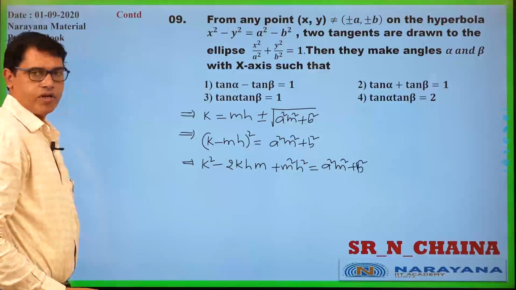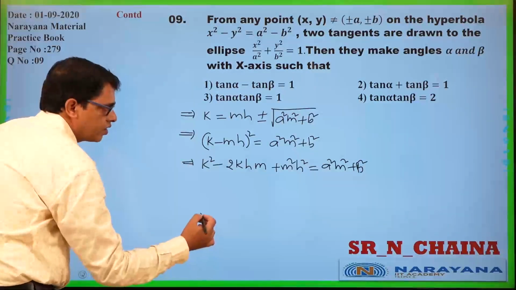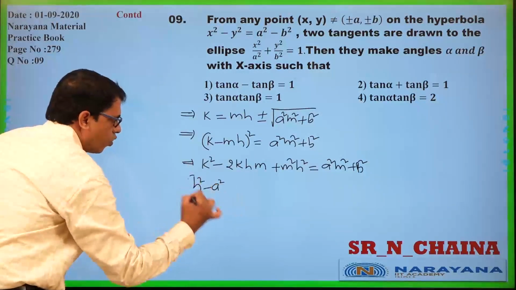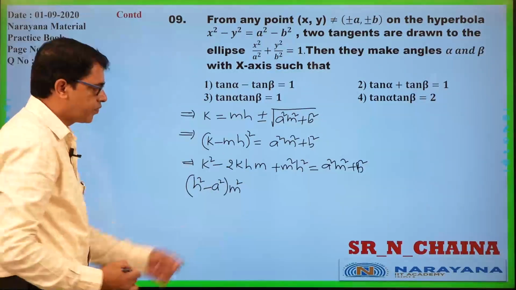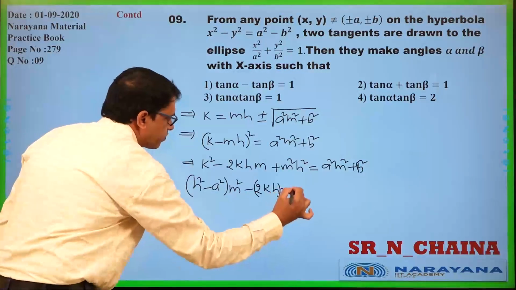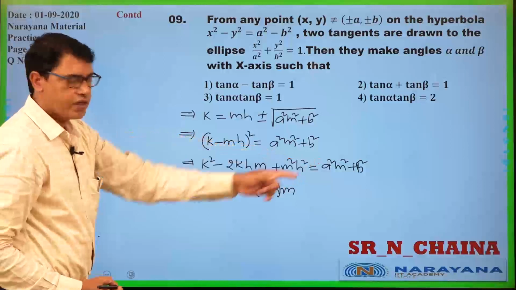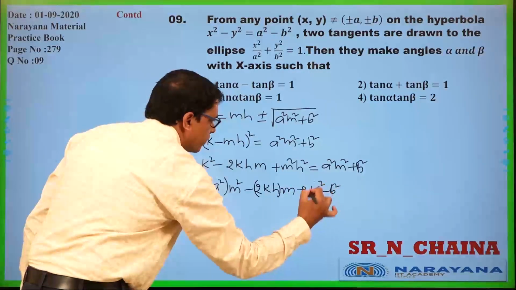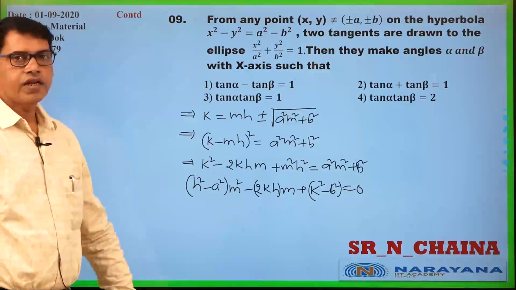Now m square common: here we have h square, here a square, so h square minus a square whole into m square. Then the m term, minus 2kh whole into m, then the remaining constant, plus k square minus b square equal to 0. So it is a quadratic in m.